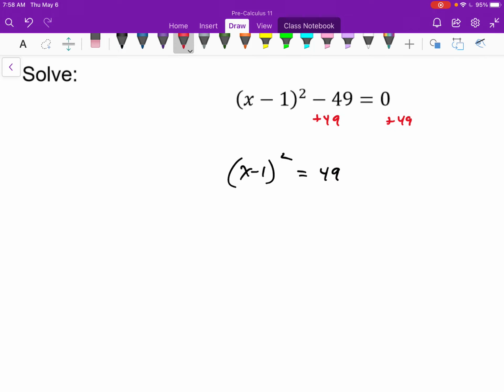Like before, I'm going to square root both sides. On the right-hand side, the square root of 49 is 7. But I also realize that any time you have something squared equaling some positive number, there are always two possibilities, the positive 7 or the negative. On the left-hand side, all I have is x minus 1.